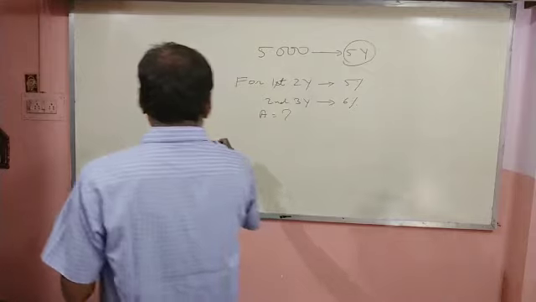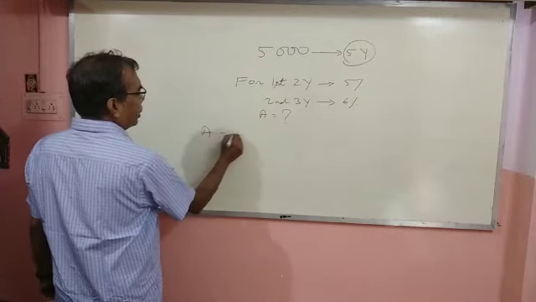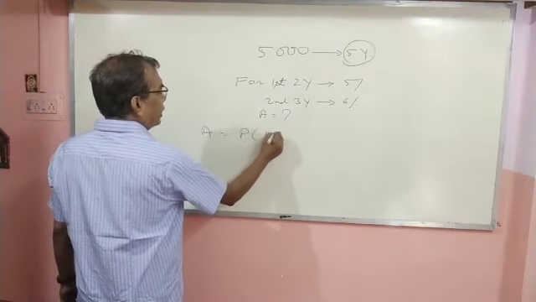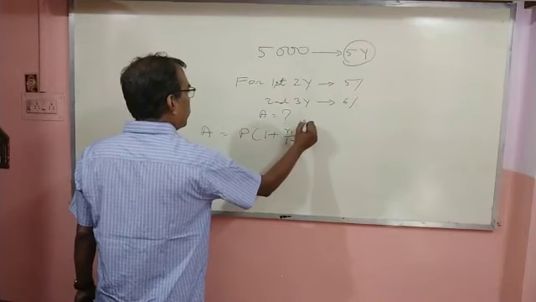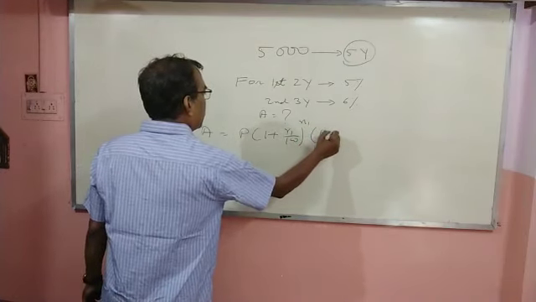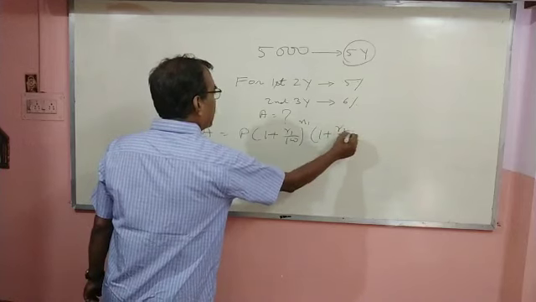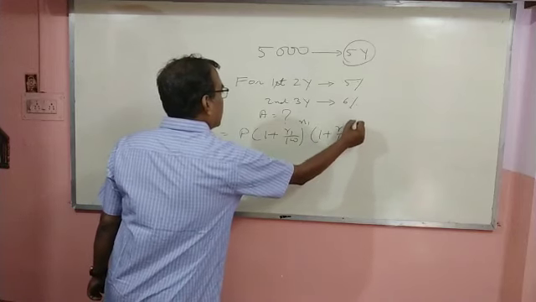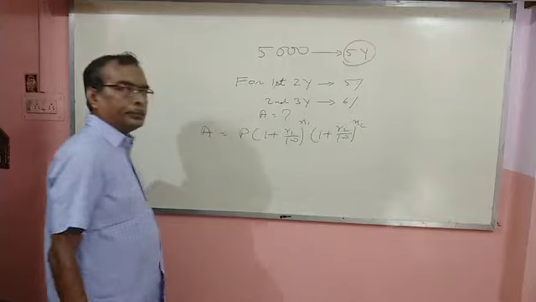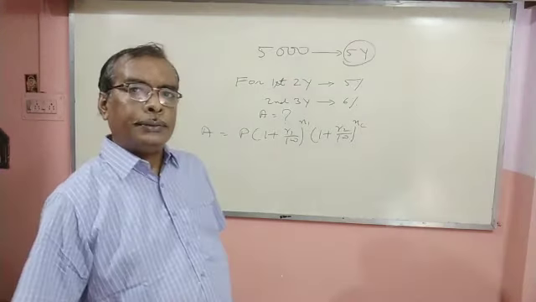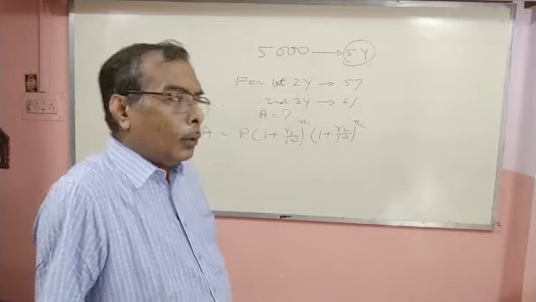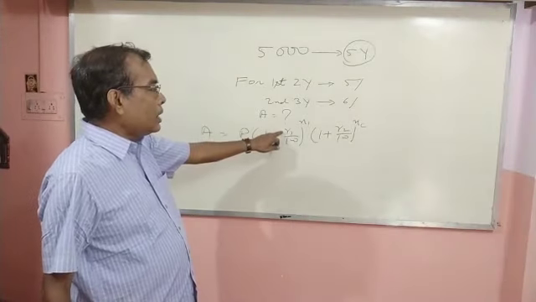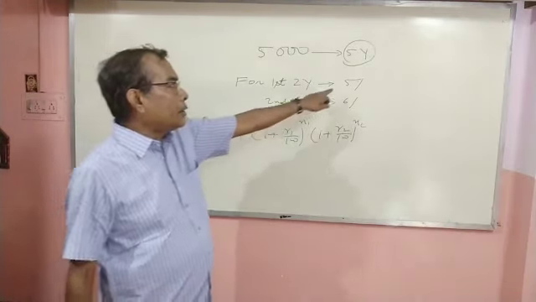For that a formula is there: amount is equal to P into (1 plus R1 by 100) to the power N1 into (1 plus R2 by 100) to the power N2. Right? What is R1 here? R1 means the first phase of interest.